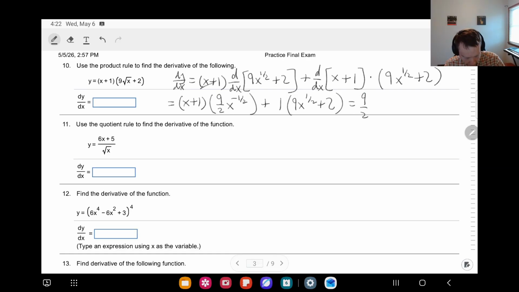So 9 halves x to the 1 half. Okay, plus. Now this guy times 1. So just 9 halves x to the negative 1 half. Plus 9x to the 1 half. Plus 2.